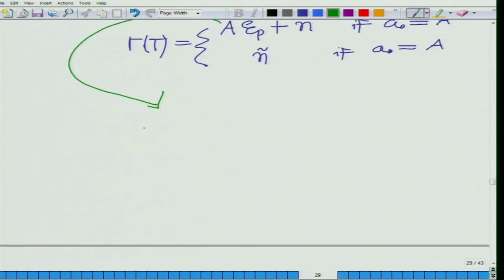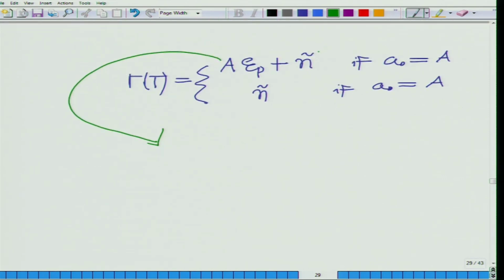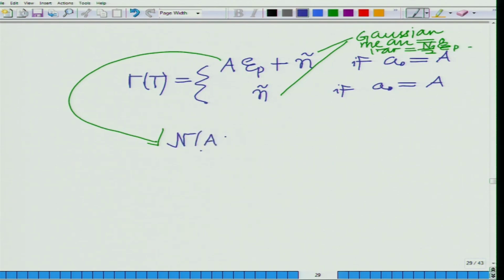So, we have seen first that in both cases n tilde is Gaussian, with mean equals 0 and variance equals N naught by 2 times Ep. So, in this case R t is Gaussian with mean AEP, that is the Gaussian shifted to AEP, and variance remains unchanged, that is N naught by 2 times Ep.